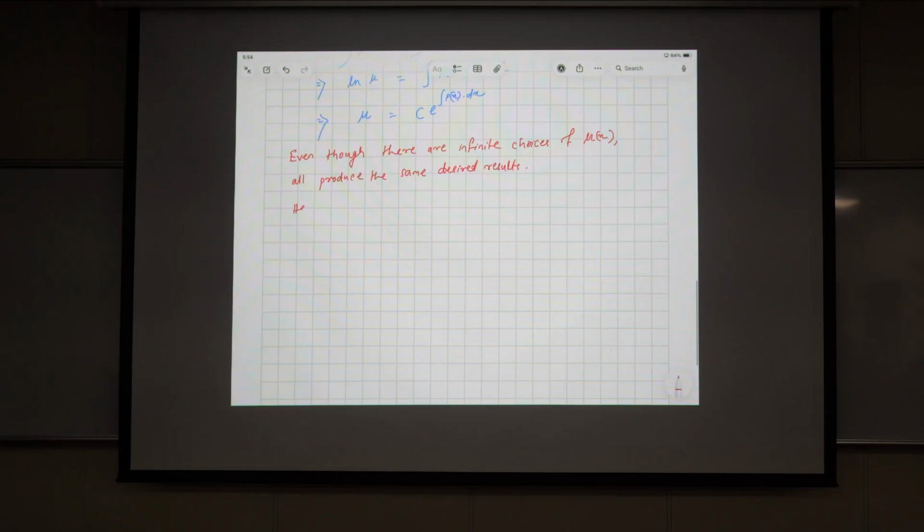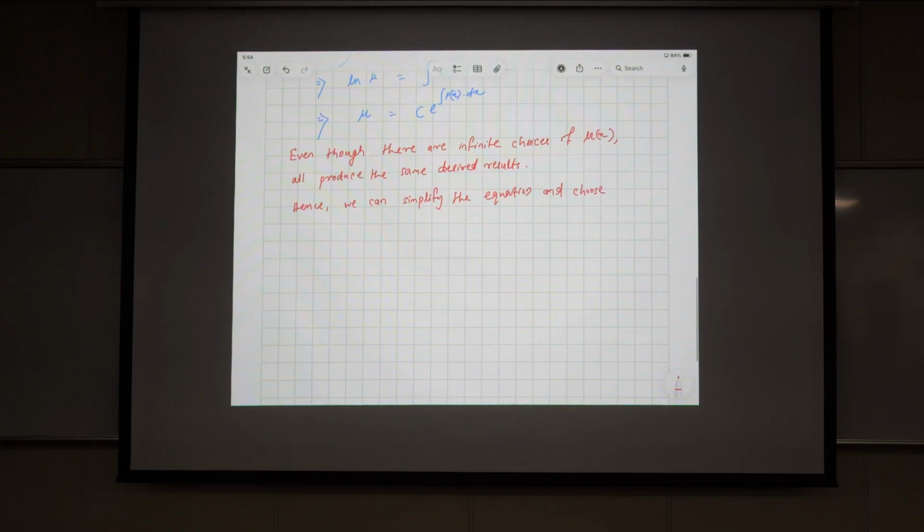So hence we can simplify the equation and choose C is equal to 1, because whatever the C value you take you will get the same result.